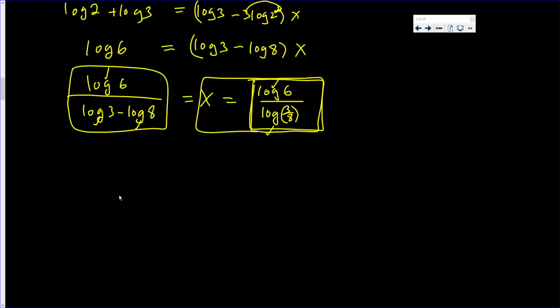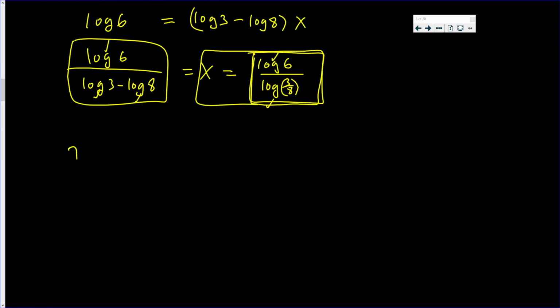Now, suppose you have x squared times 2 to the x minus 2 to the x equals 0. So 2 to the x. Now, how many 2 to the x's do we have?